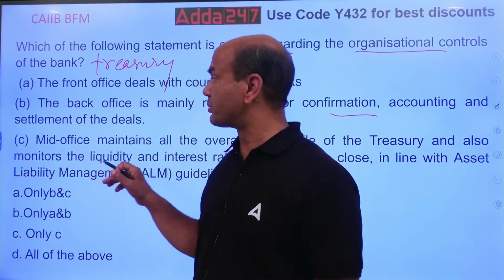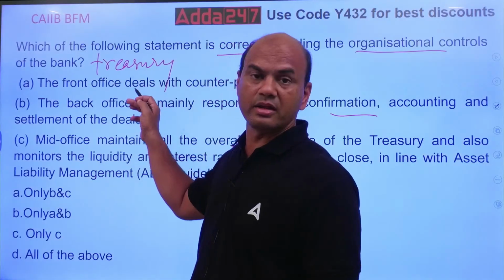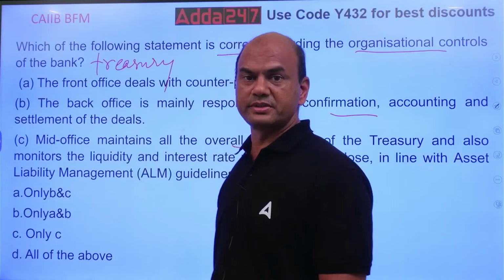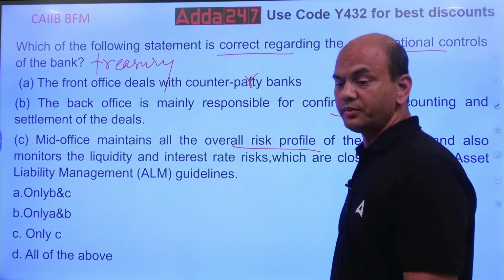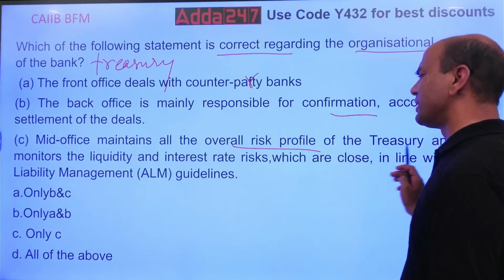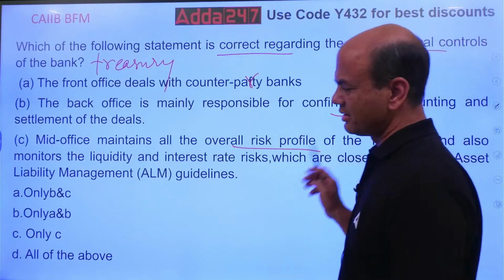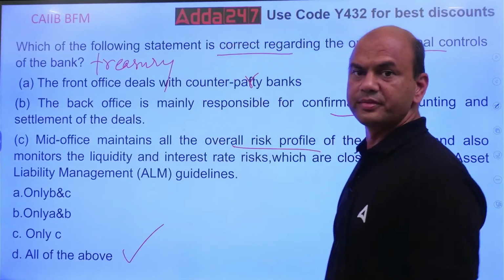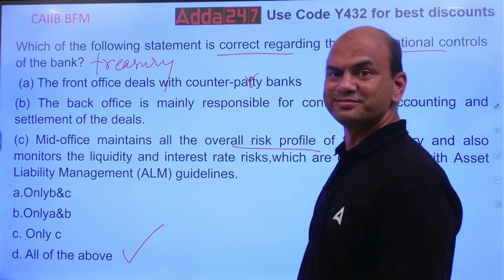Because this provides the input to the front and it provides the input to the back also, back office. Okay? So, mid office maintains overall risk profile and so on, remaining everything you can read. Answer is all of the above. That is the right answer. Okay?